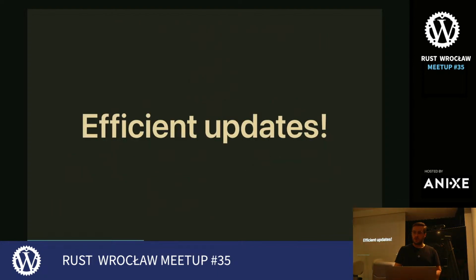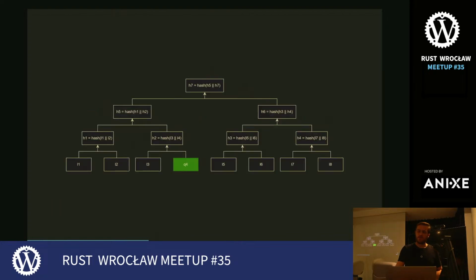Another property of Merkle trees is that they allow us to efficiently update the entire set, right? If we were to, say, have 500 files with 1 terabyte of data total, and you want to hash it all together, one file changes, you have to hash it all again. That's expensive.